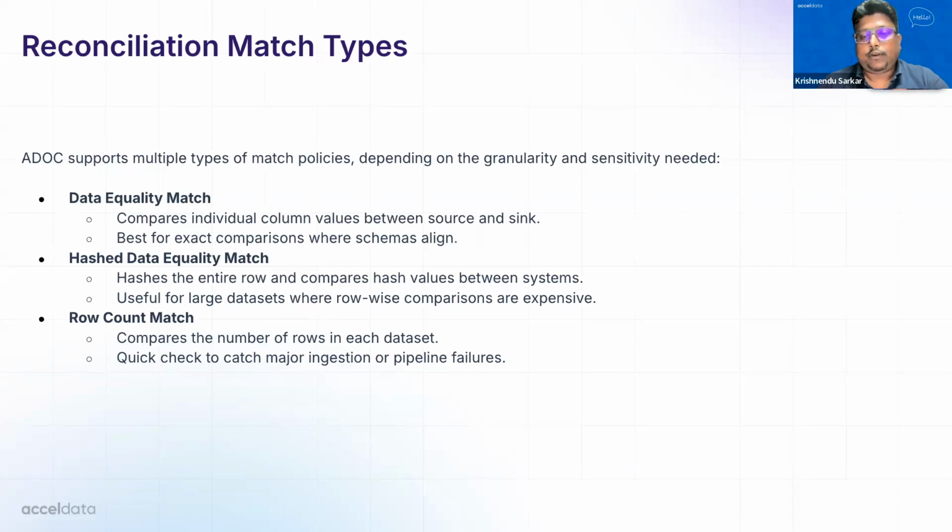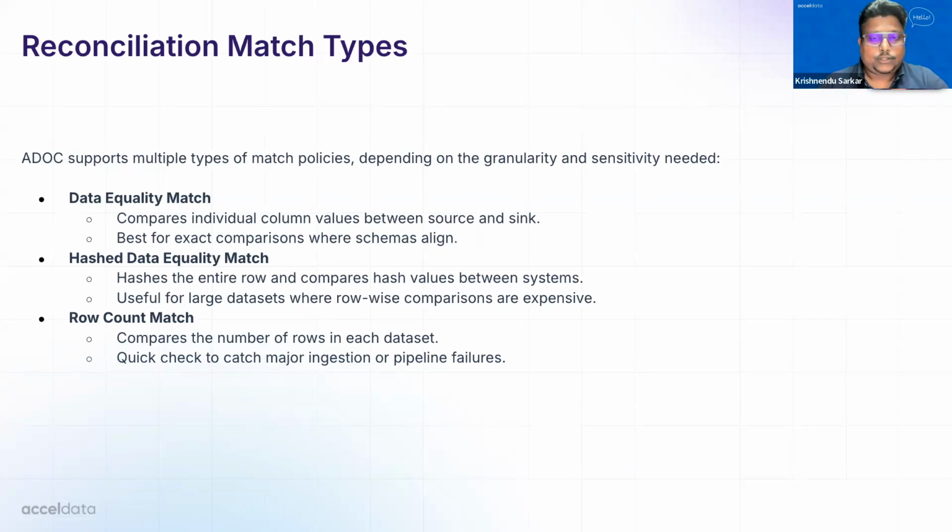So it is efficient for larger data sets where full comparison is too costly, right? And the last one is the row count match. This is a quick way to detect major issues. It simply compares the number of rows between the source and the sink, helpful for spotting ingestion or, let's say, pipeline failure, right? So this is all related to the reconciliation policy.